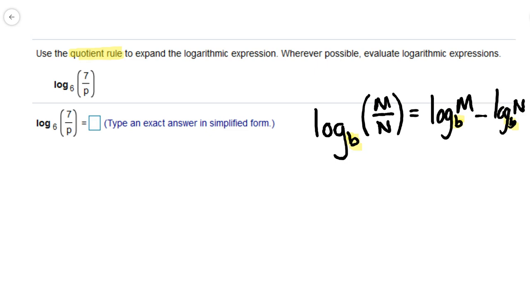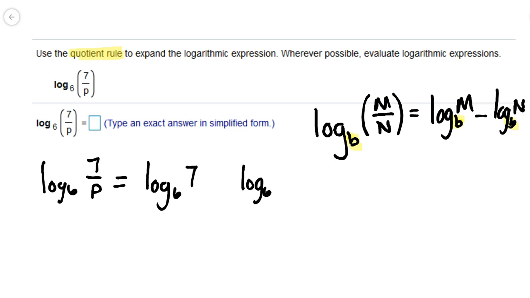So in our example, we have log base 6 of 7 over p. We will expand that to log base 6 of the numerator and log base 6 of the denominator and put a subtraction in front of the log base 6 of p, because that p is coming from the denominator.